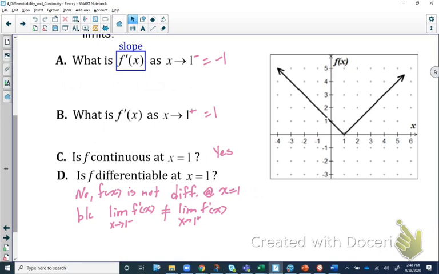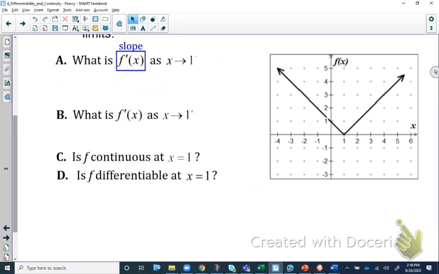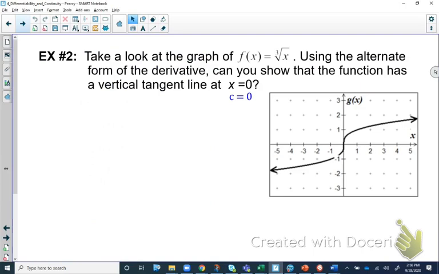So because the slopes of the f prime of x as we approached 1 from the left and right sides had different values, a positive 1 and a negative 1, it's not differentiable, and that's just kind of reiterating the idea that because I have that corner there, that absolute value is not differentiable at x is equal to 1. So moving on, we're going to take a look at the cube root parent function.